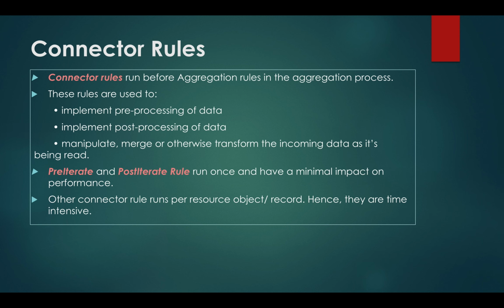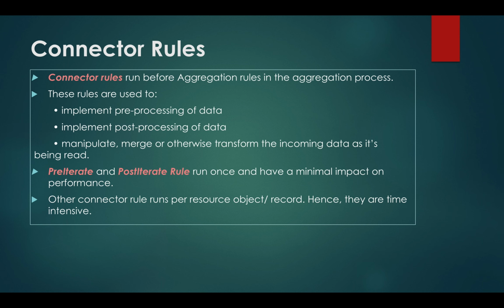This data represents account or employee information. You can also implement post-processing of data, and besides that you can manipulate, merge or otherwise transform the incoming data as it is being read. If you want to add some attributes related to the object you are reading on the fly, you can utilize the connector rule for that purpose.